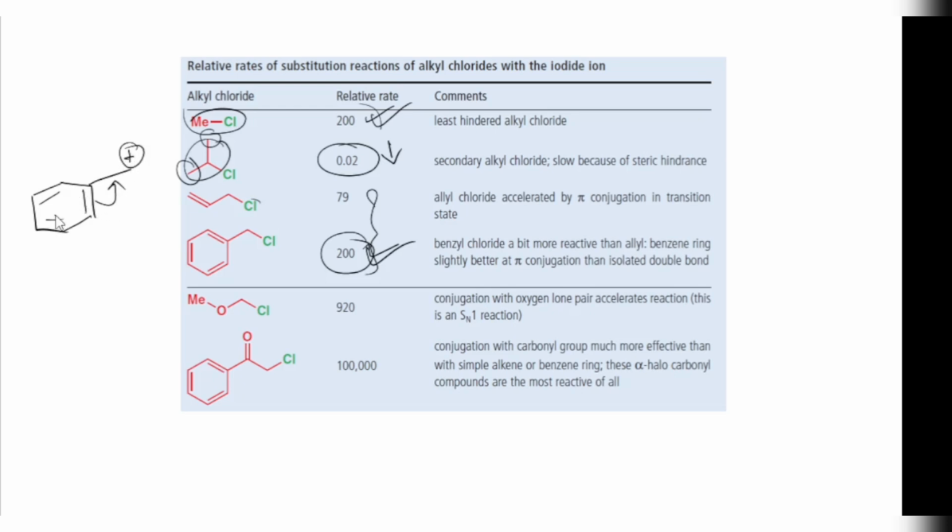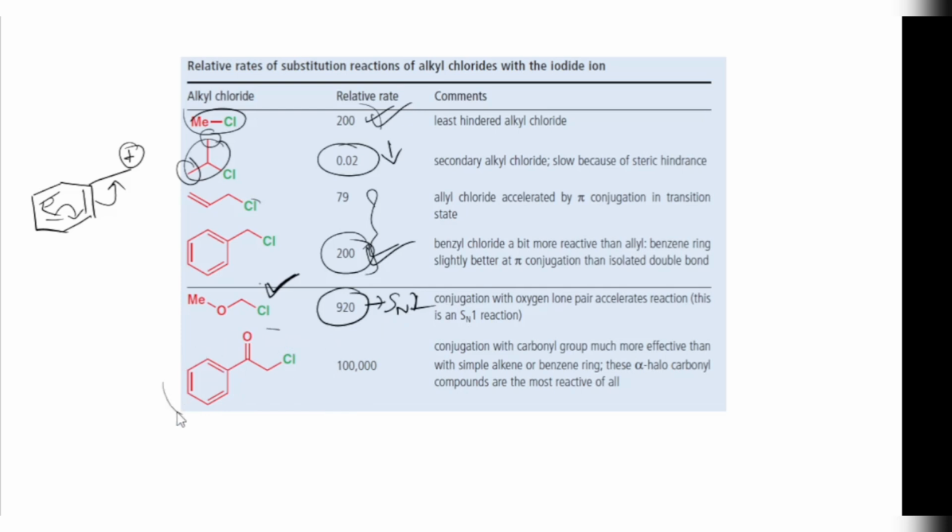In case of SN1 as well as SN2, the same case, the benzyl group will show a high tendency. Then we will have a moiety like this, that is conjugation with lone pairs accelerates reaction. In SN2 reaction also it will show very good reaction, but majority it will happen through SN1 reaction.